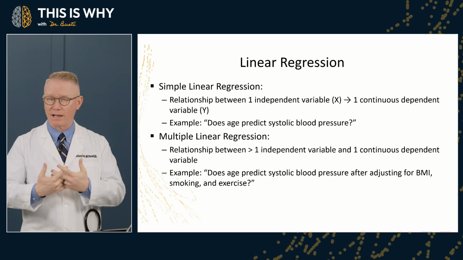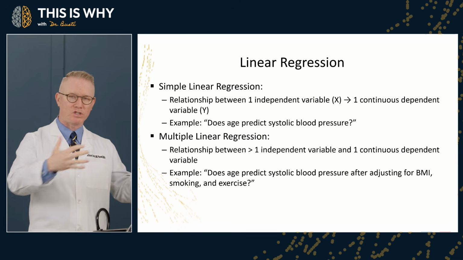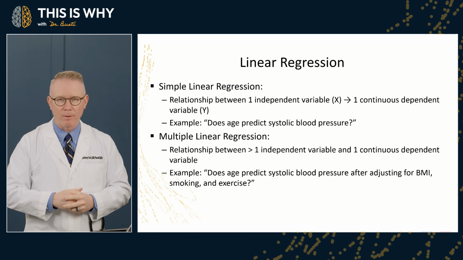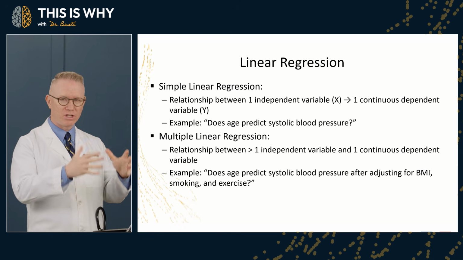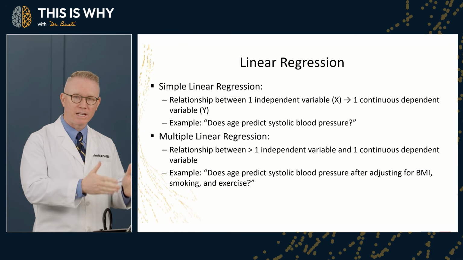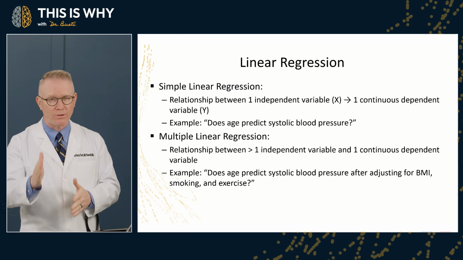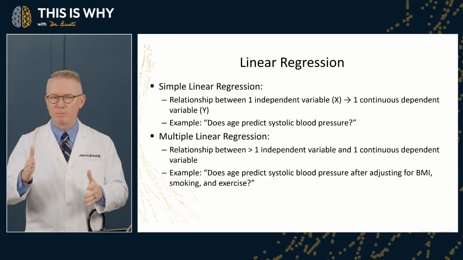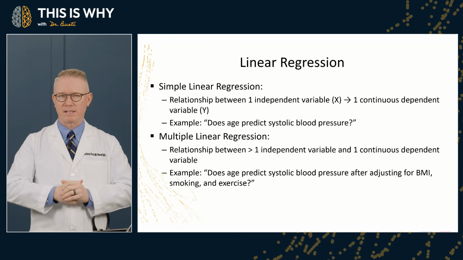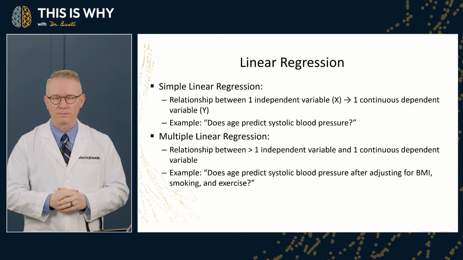And again, going back and building on the age and blood pressure example, does the patient's age predict the systolic blood pressure after adjusting for their BMI, smoking, and exercise status and behaviors?